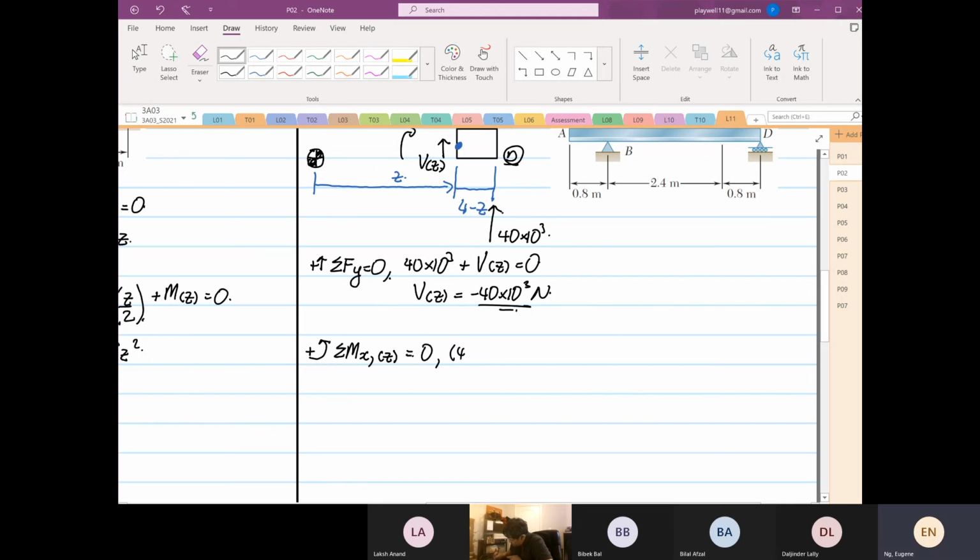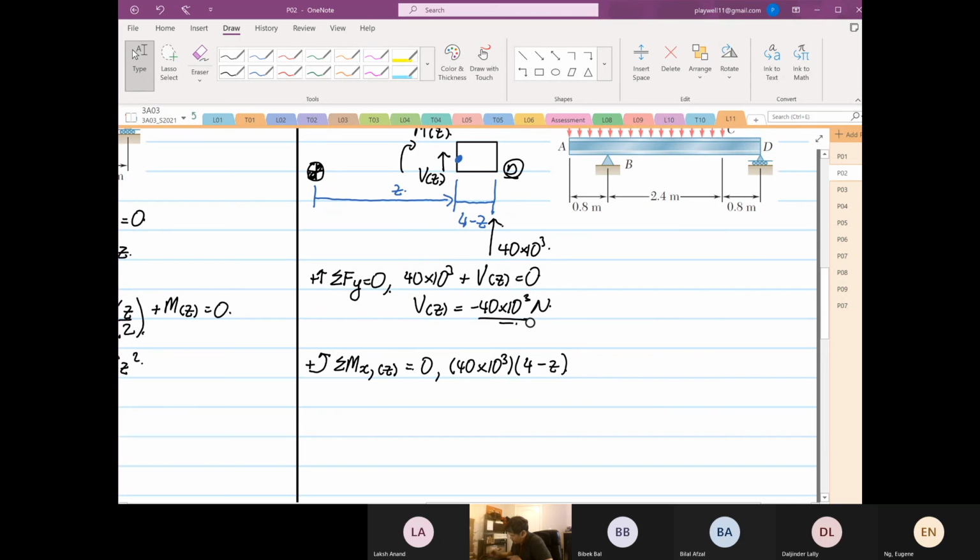So it's 40 times 10 to the power 3, 4 minus z, and minus M, because going clockwise, as a function of z. So M as a function of z is equal to 40 times 10 to the power 3 multiplied by 4 minus z.